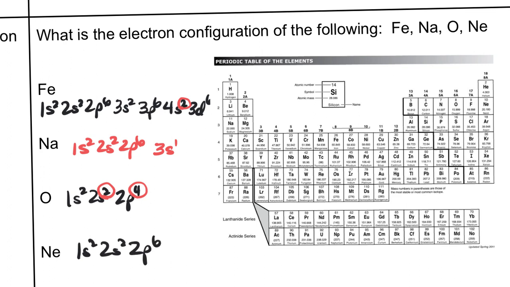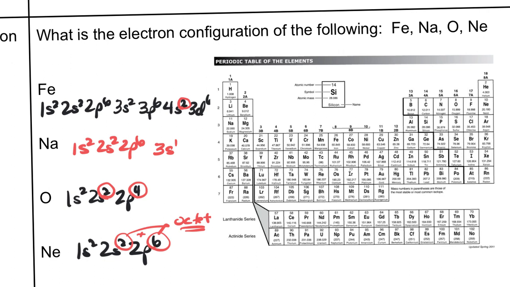The distinguishing thing about neon is that it's got 2 electrons in the s suborbital of the second orbital, and 6 electrons in the p suborbital of the second orbital. That means if I look at these valence electrons, which are 2 and 6, and add them together, these give me an octet. That's why neon is a noble gas, because it has this outer orbital, the second orbital, full in both the s and the p suborbitals.